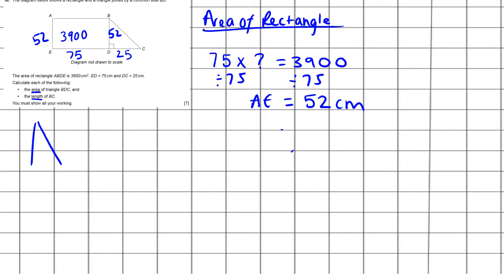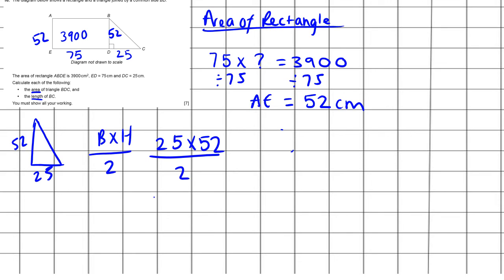So this is our triangle. We know 52 and we know 25. So we can find the area, because area equals base times height divided by 2. So 25 times 52 divided by 2 gives us 650 centimeters squared for the triangle.